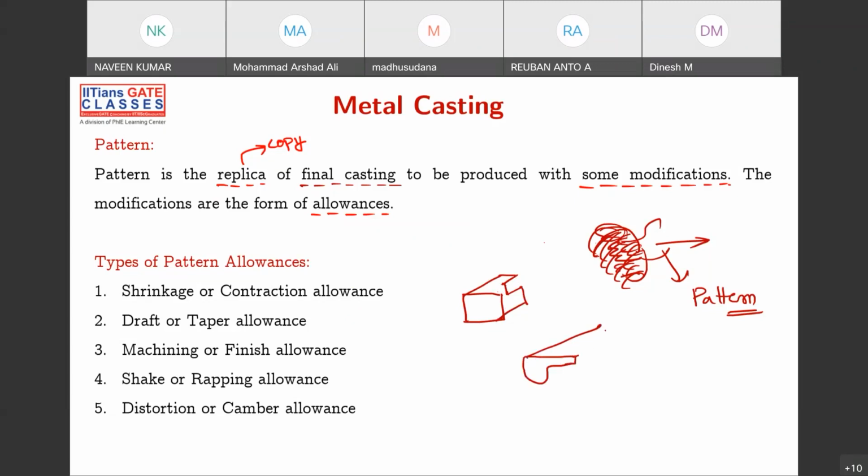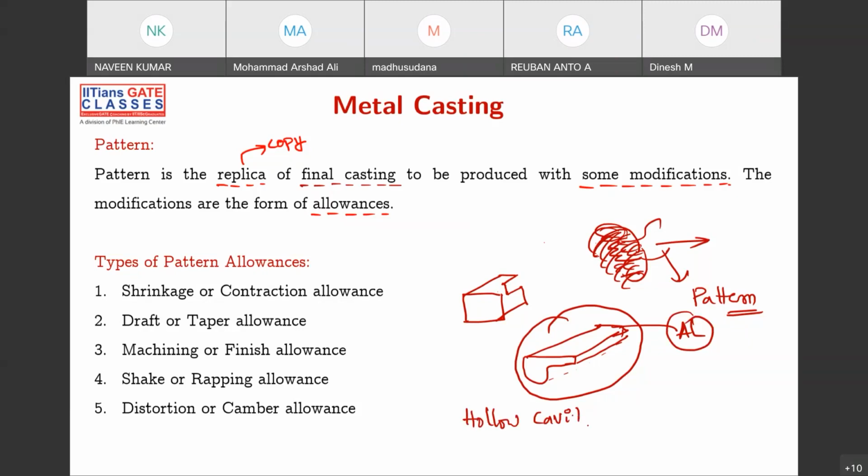If you want to manufacture this kind of object, let's say in aluminium, you want to create a hollow cavity, right? And that hollow cavity can be created with the same replica, the pattern.